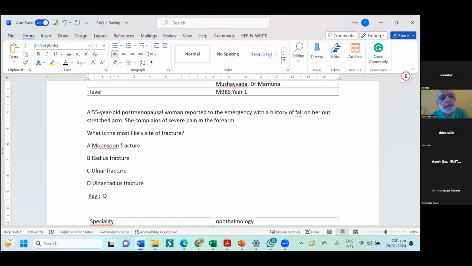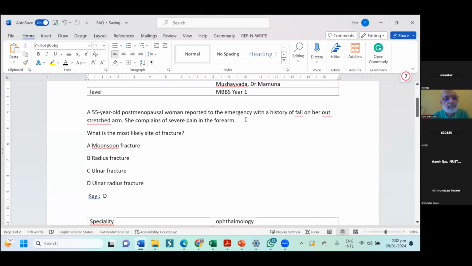Actually, I'm basically from orthopedics, so just a comment on this. I agree a little bit. You are mentioning an osteoporotic fracture. You mentioned radius fracture as an option, ulnar fracture as an option, and D is ulna and radius fracture. So it can be a radius fracture, or it can be an ulna and radius fracture both. The student will be confused whether to mention only the radius fracture or the radius and ulna both, because ulna is comparatively less common.